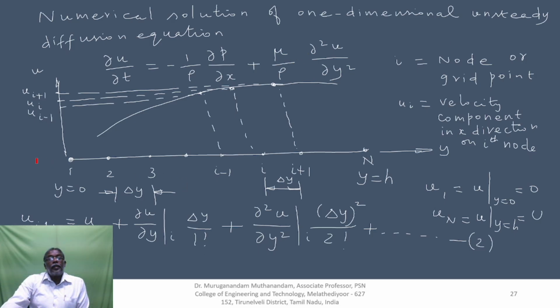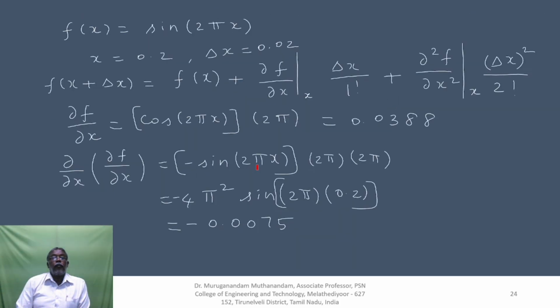Along the horizontal axis, y is taken. Along the vertical axis, u is taken, smaller u, that is small case u, the x component of velocity. The y is the distance along the thickness direction of the fluid film.